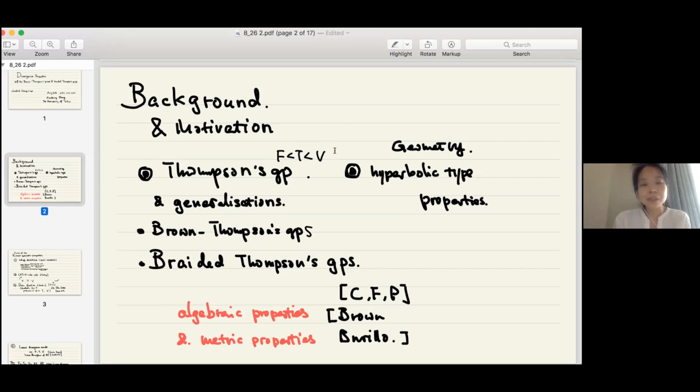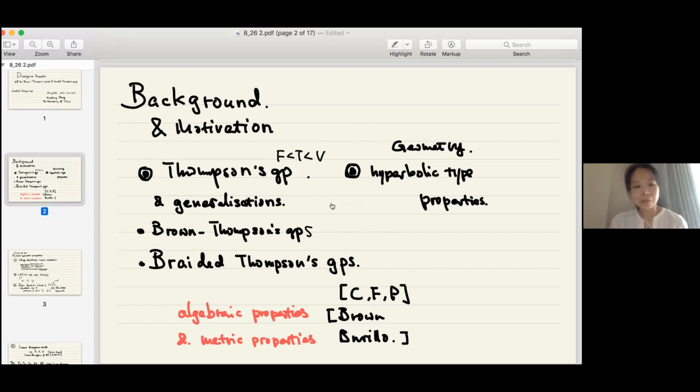And these groups have been generalized to an infinite series, first by Higman and by Brown, and by Stein, from the 70s to the 80s probably. And then there are also many recent generalizations. But what I'm going to focus on today are just two generalizations, the Brown-Thompson groups and braided Thompson groups.